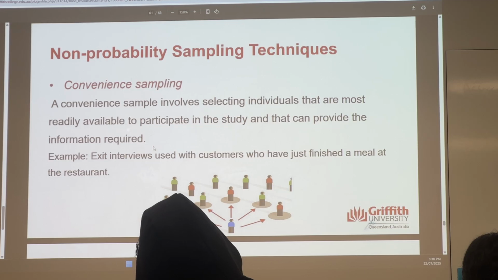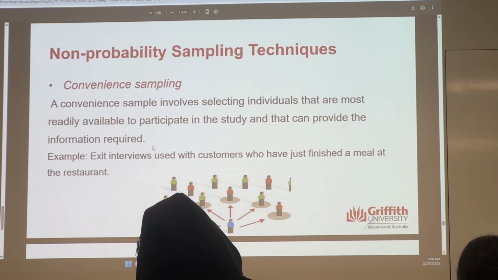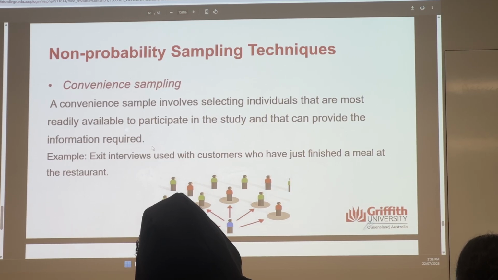Convenience sampling selects individuals that are most readily available. If I take my classroom as a sample of Griffith College students, that's convenient, right?